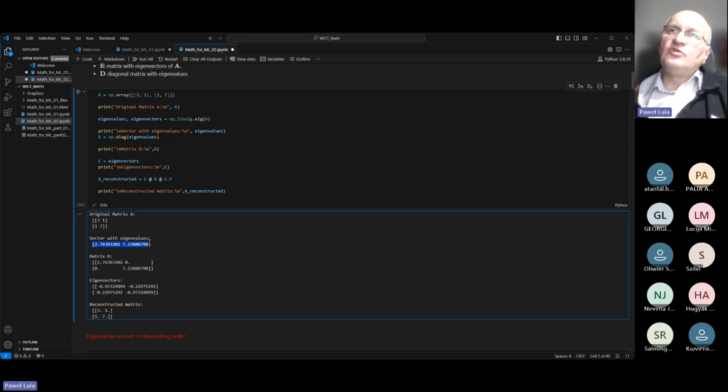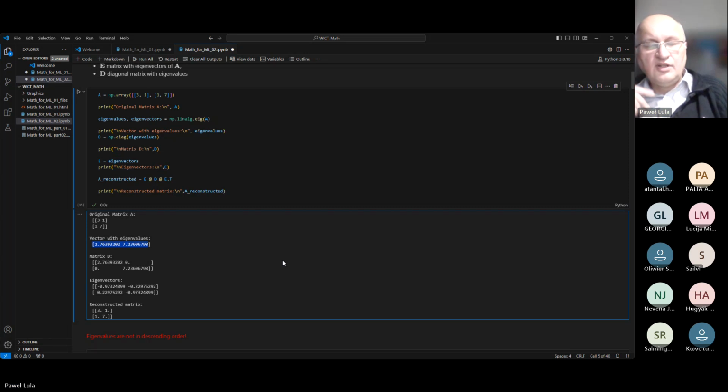Here we obtain two eigenvalues. The first is equal to 2.76 and the second 7.23. So they are in ascending order. The second one is greater. Of course, everything is okay, but it will be better for us to have eigenvalues in descending order.